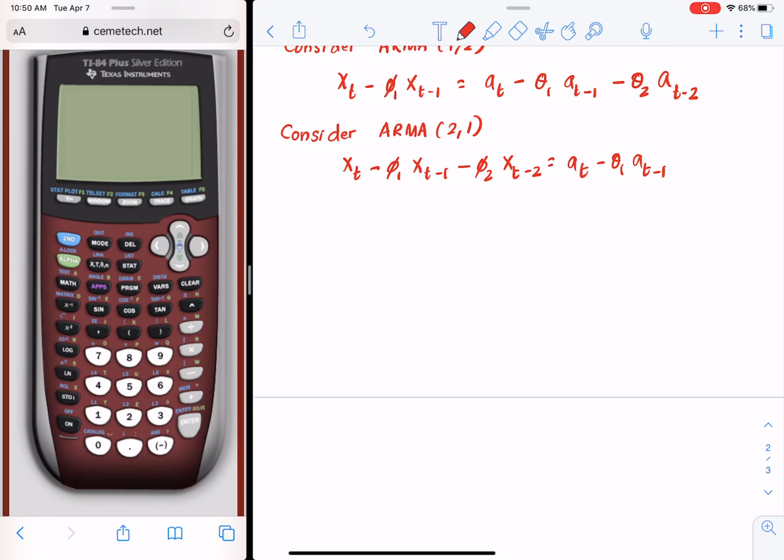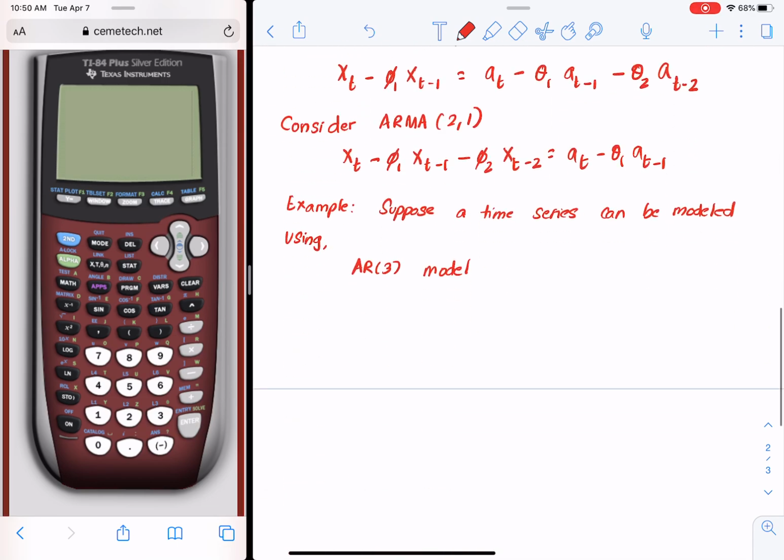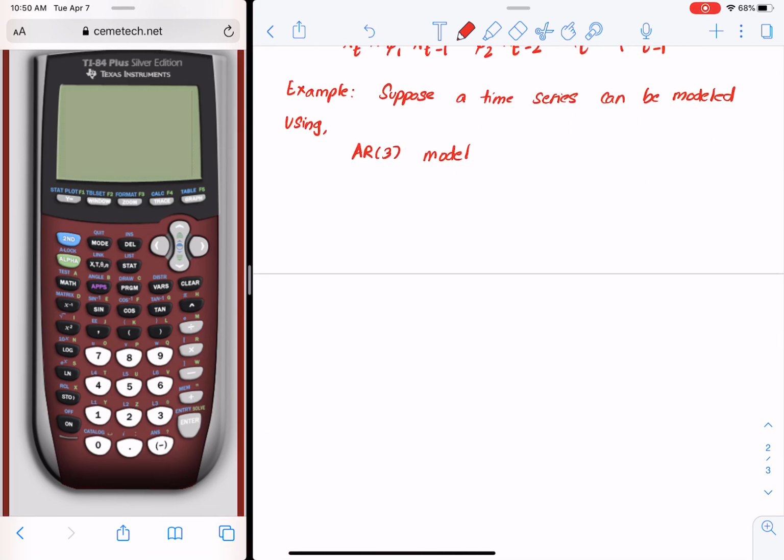What do I mean by that? As an example, suppose a time series can be modelled using an AR(3) model or an ARMA(5,2) model.